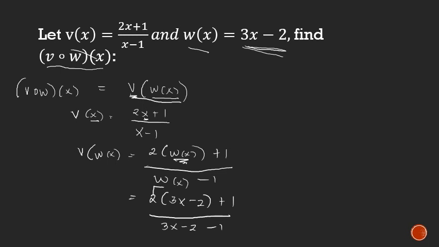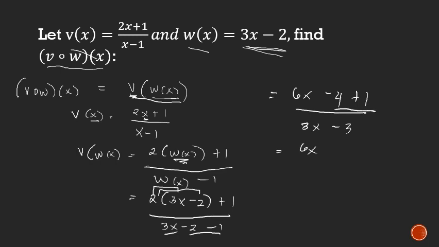We have 2 times 3x, that is equal to 6x. 2 times negative 2 is negative 4 plus 1 over 3x. Negative 2 minus 1 is negative 3. We have now 6x. Negative 4 plus 1 is negative 3 over 3x minus 3.